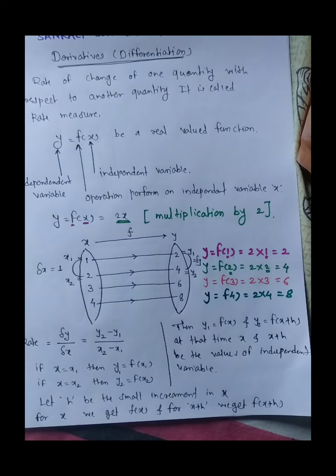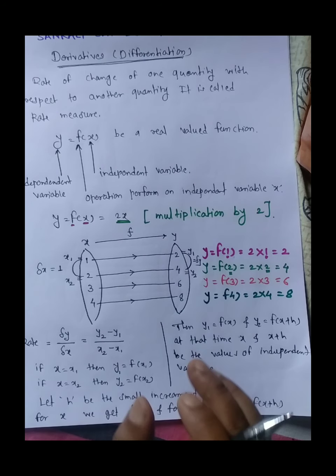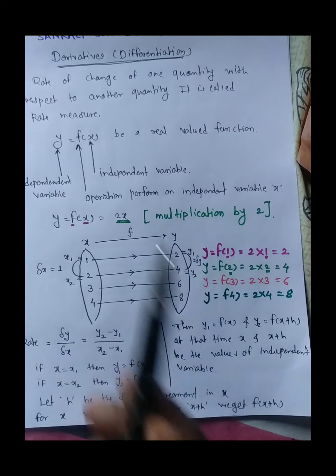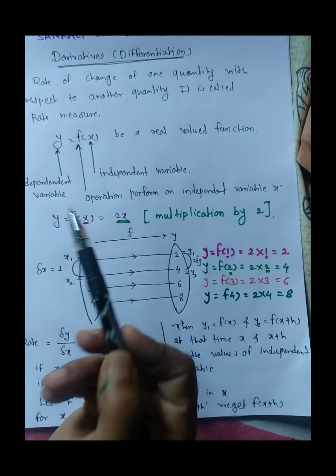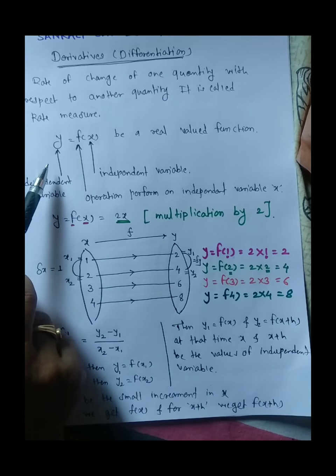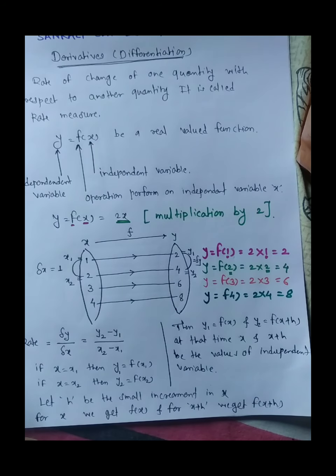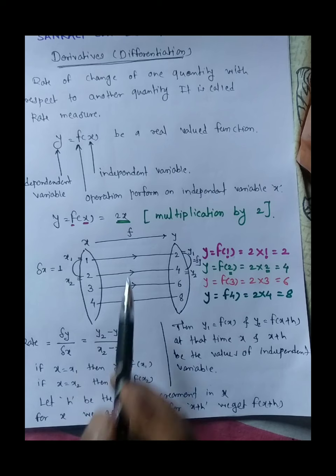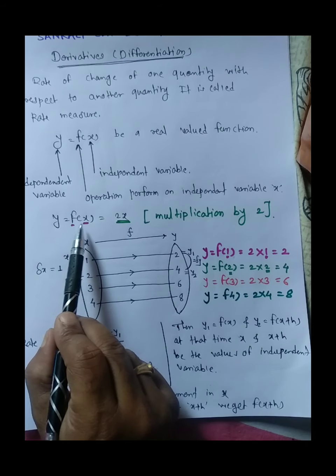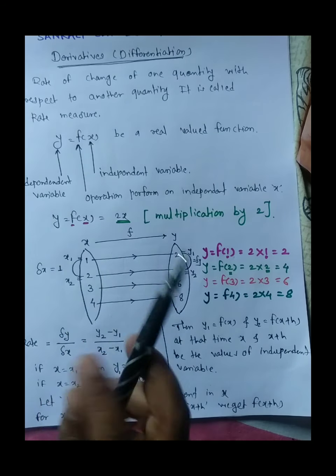Here we considered only changes, or the rate of change of one quantity with respect to another quantity. That means if we get the change in the value of independent variable x, you will get the corresponding change in the value of the dependent variable y, which is given by using the function y is equal to f of x is equal to 2x.